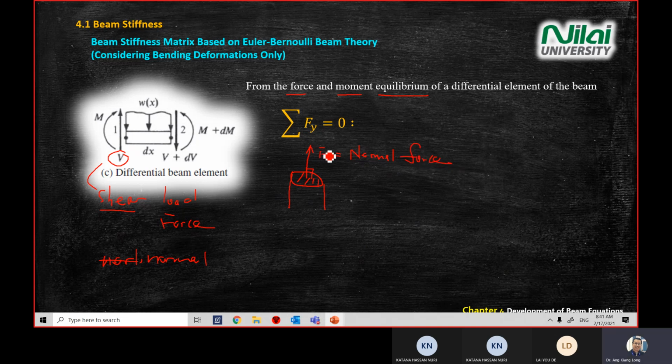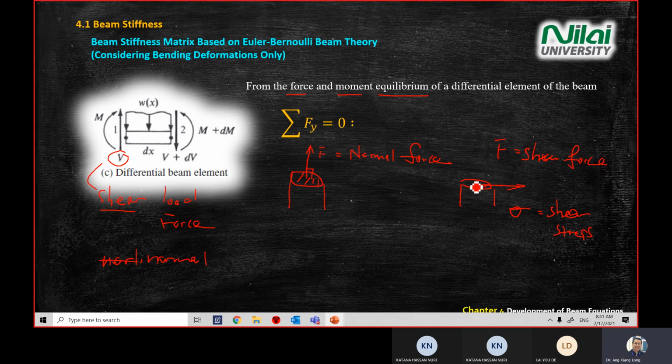So if this one is stress, then it becomes normal stress. If your force is going parallel with the area, your force in this case will become shear force. Or if this vector is stress, it will become shear stress.